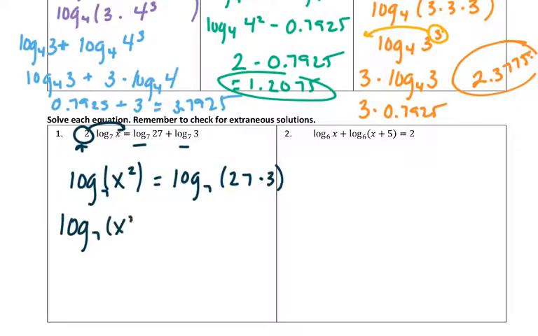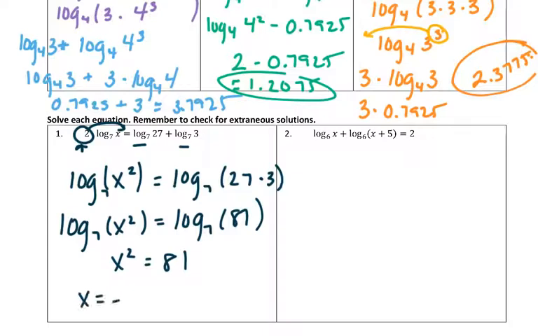Log base 7 of x squared equals log base 7 of 81. Now that you have the same logarithm on both sides, you can set what it is you're taking the logs of equal to each other. X squared equals 81, meaning x could equal -9 or x could equal +9.